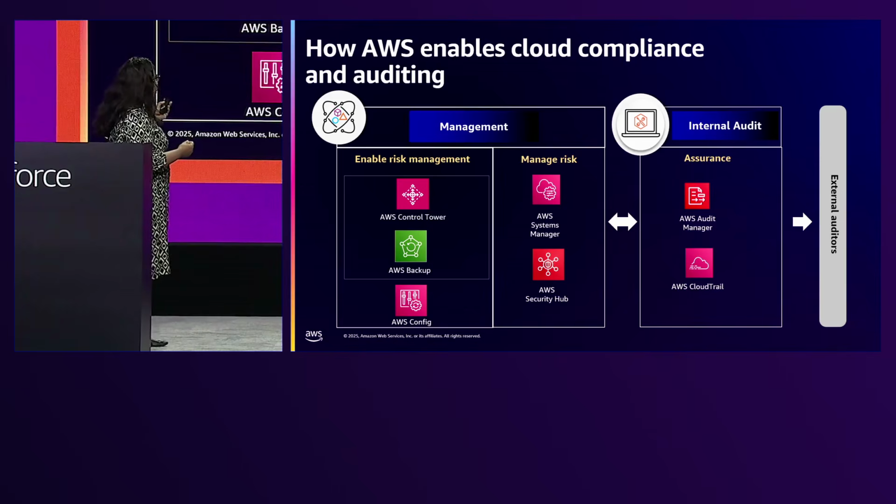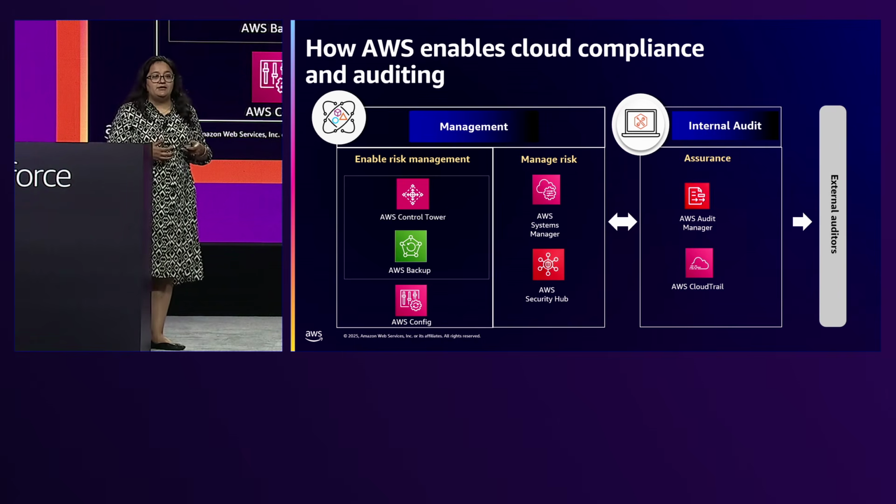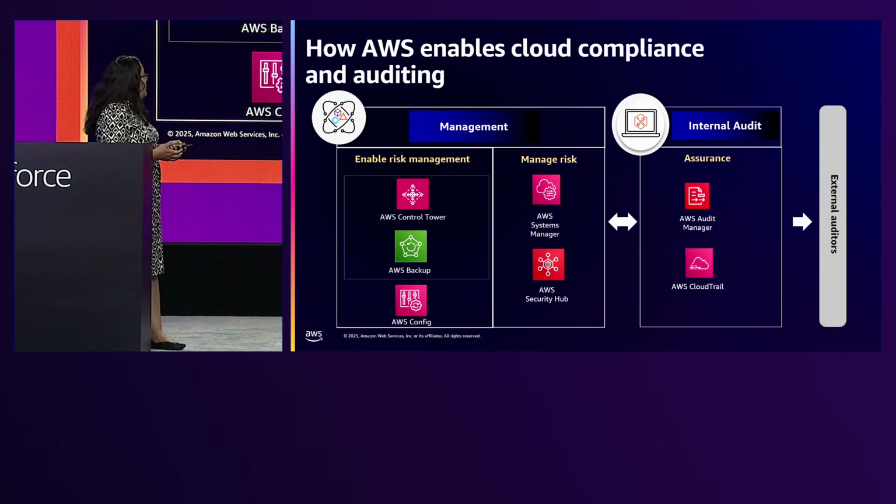So services like Control Tower and Config enable you to create an environment where security guardrails are baked into the day one workflows. Systems Manager allows for remediation if there's something off. Security Hub gives you security findings, identifying things when they're out of compliance, and Audit Manager and CloudTrail help personas like Suchita, security managers, as well as compliance engineers, find when something is going wrong and give the evidence of what is happening in the organization.